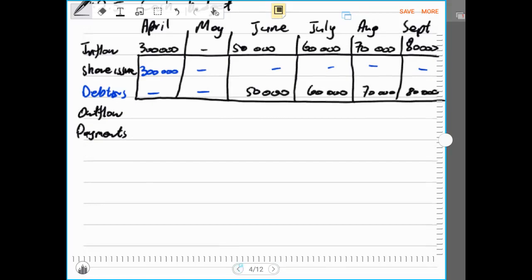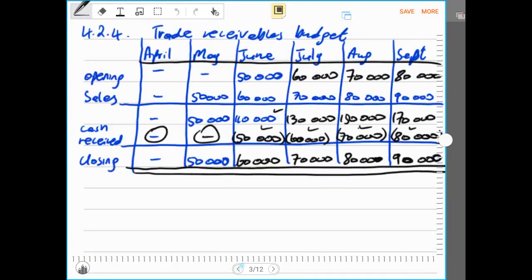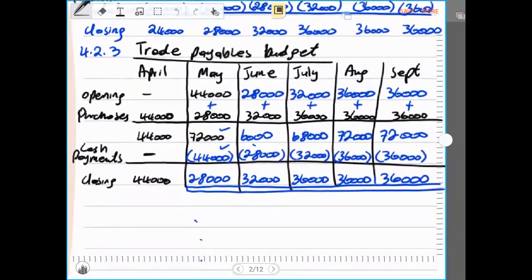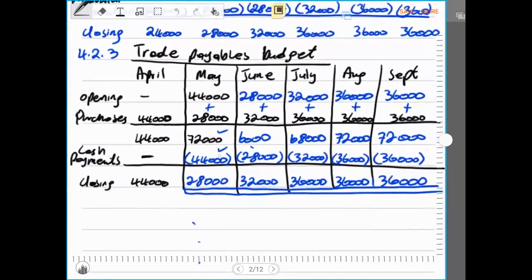In our trade payables budget, we recorded payments for each and every month, and the payments started in the month of May. And here were the payments. We paid our trade payables, or we paid our suppliers 44,000, 28,000, 32,000, 36,000, and 36,000 from the month of May until the month of September.